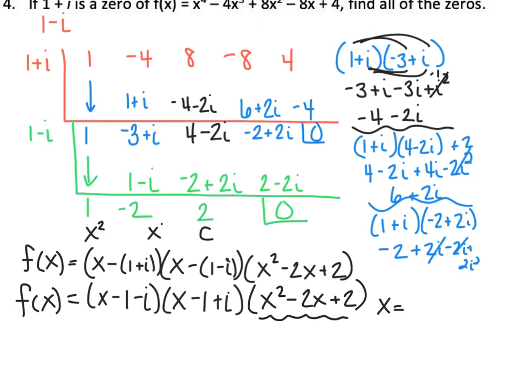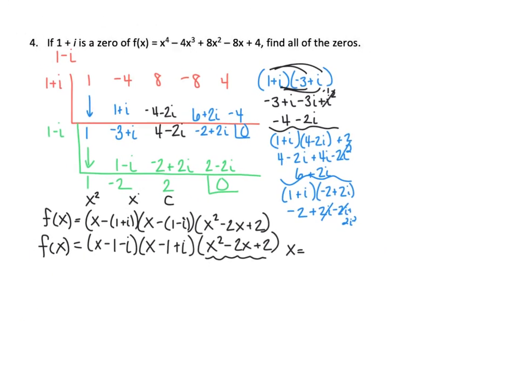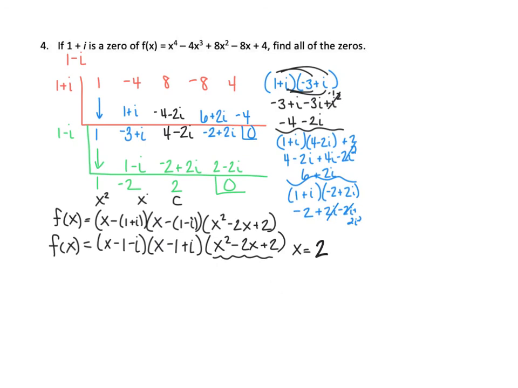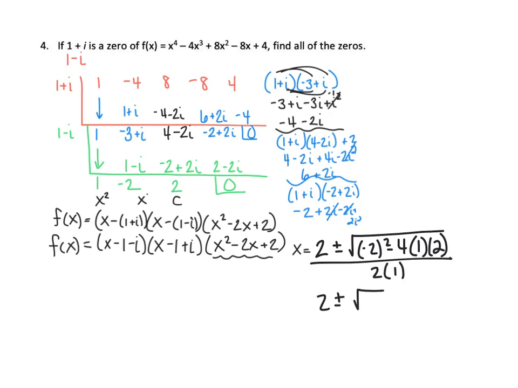So this is x equals, negative b would be, zoom out here, 2 plus or minus the square root. b squared would be negative 2 squared minus 4 times 1 times 2, a times c, all over 2 times 1. So my discriminant, which is my radicand, would be 4 minus 8, which is negative 4, all over 2.